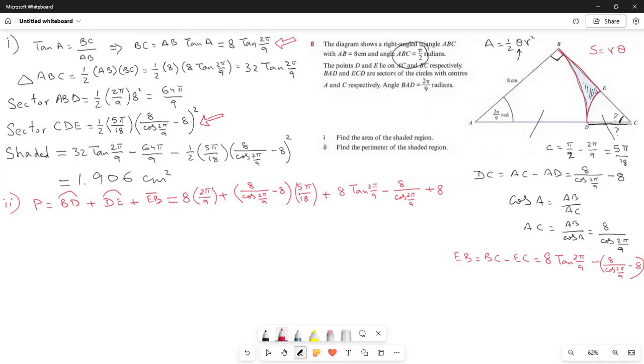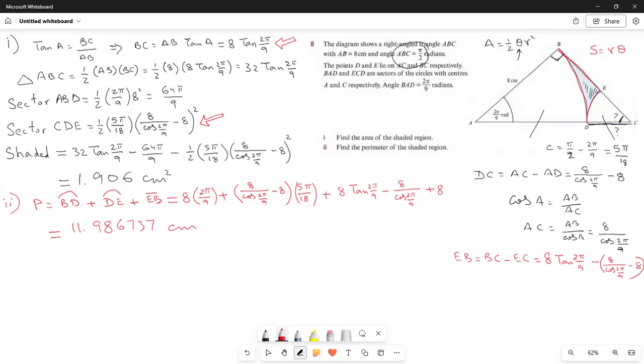Okay, I hope this is all clear to everybody. And when I calculated all this, it came out to be 11.9863737, and it is in centimeters.